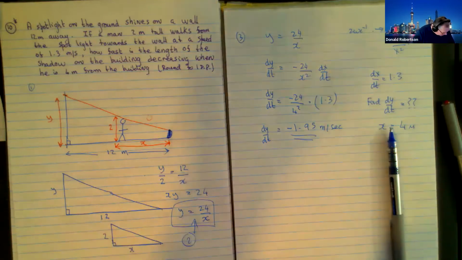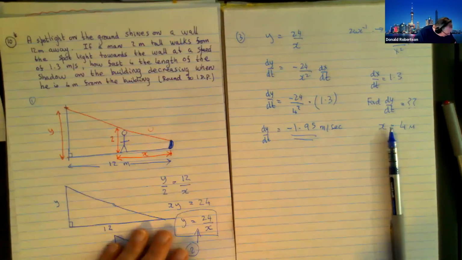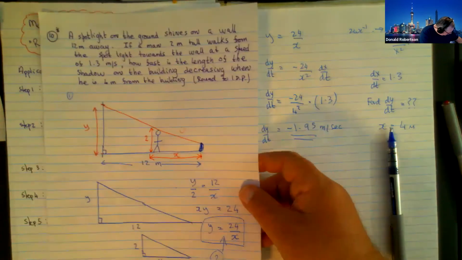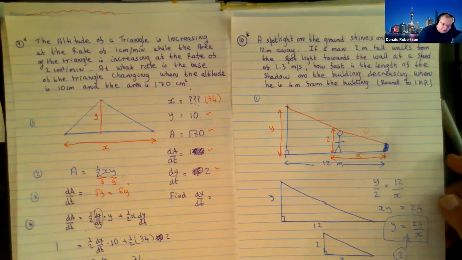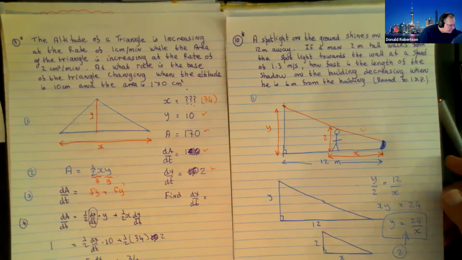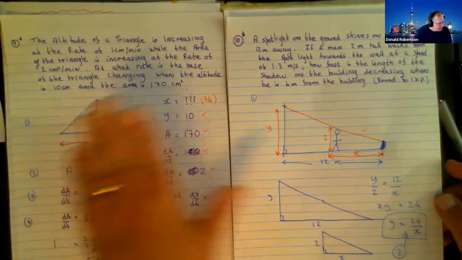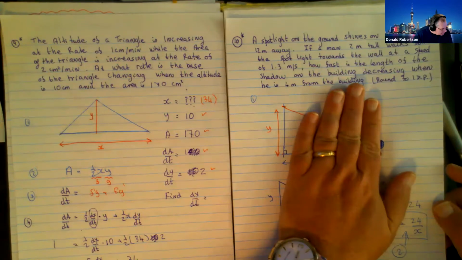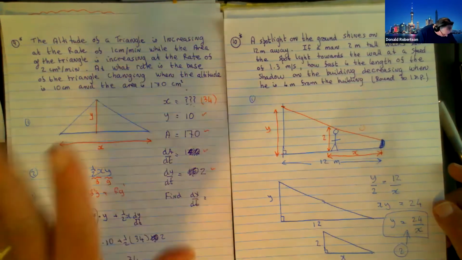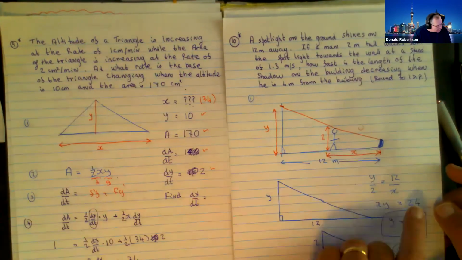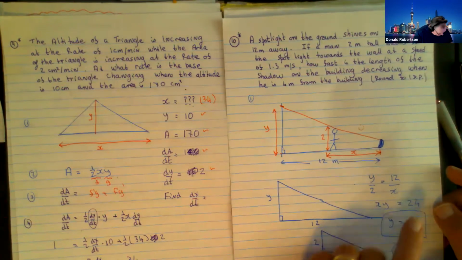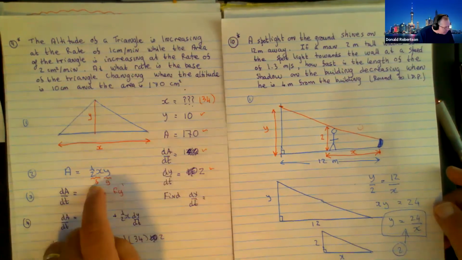Now, if you think of what we did with that question and what we did with the one that came before, right? There are similarities, but there's just as many differences, isn't there? Wasn't this Pythagoras? This was similar triangles. Wasn't there a product rule going on here? There wasn't really a product rule going on here, but weren't there find values and plug them in?